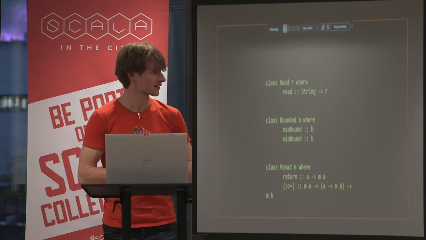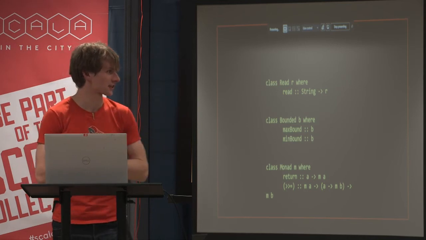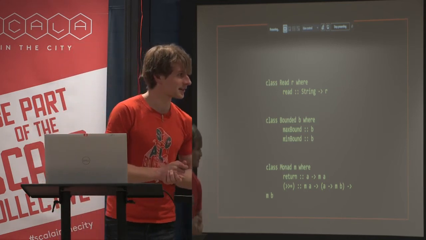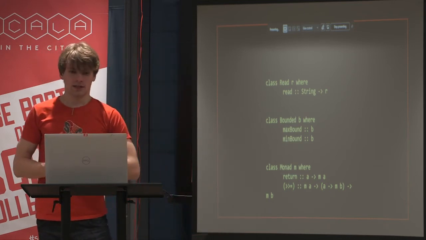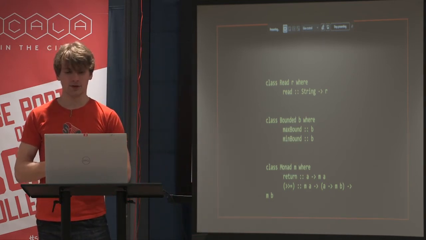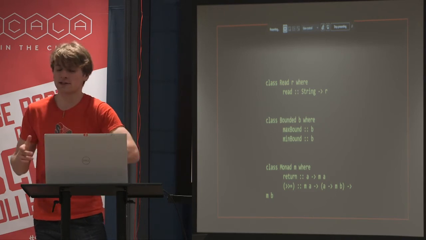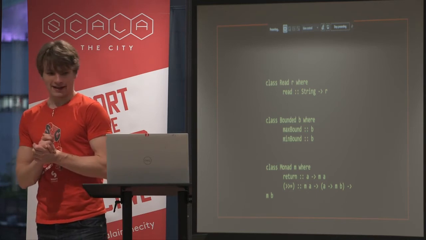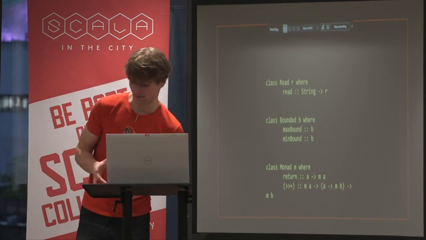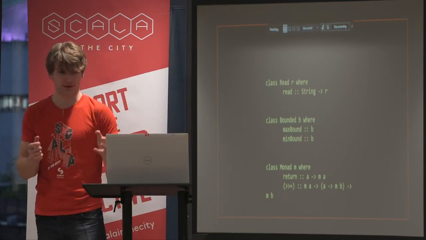The other function in Haskell that you have to implement is this operator here, which is called bind. And what that does is, it's like the functor's map function, except it also flattens the result.